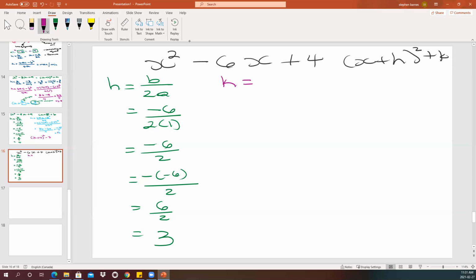And then k equals 4ac minus b squared all over 4a, right?